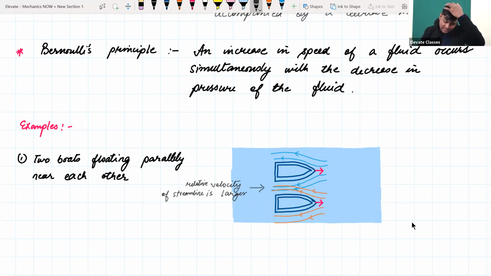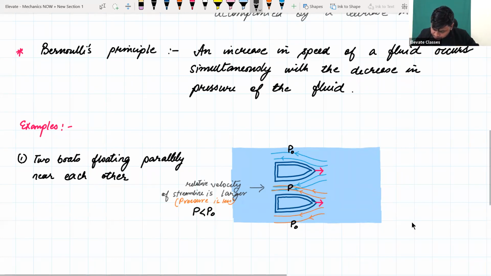So velocity अगर ज़्यादा है तो फिर pressure क्या होगा यहाँ पे compared to the other side? Pressure will be less. The pressure is less का मतलब ये है that if there is a pressure of, let's suppose, P naught here and P naught here, यहाँ पे pressure होगा P such that P is less than P naught, because बाहर जो velocity है वो कम है.